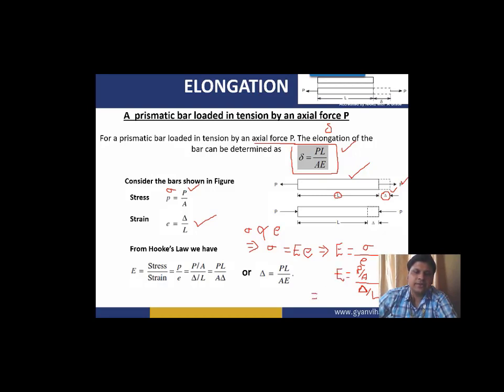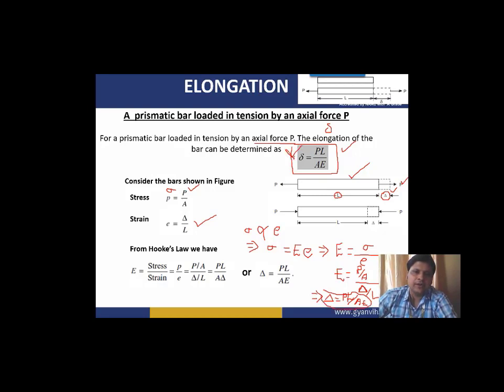Now, if you keep the elongation, delta, on the left-hand side and everything else on the right-hand side, you get the formula that delta, which denotes the elongation, is equal to PL divided by AE. In this way the formula is derived.